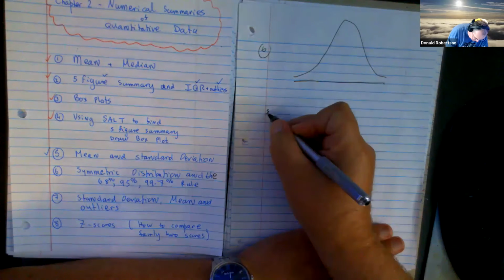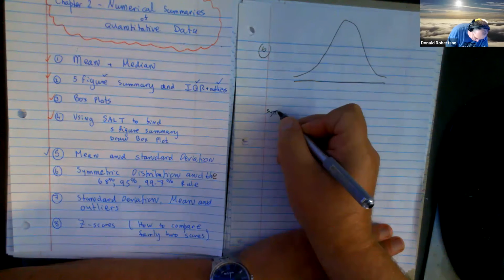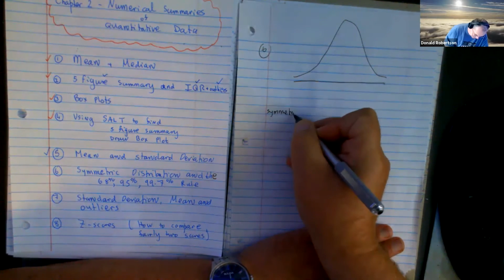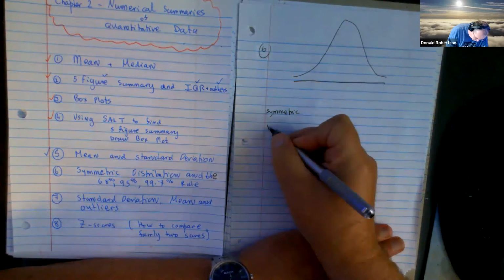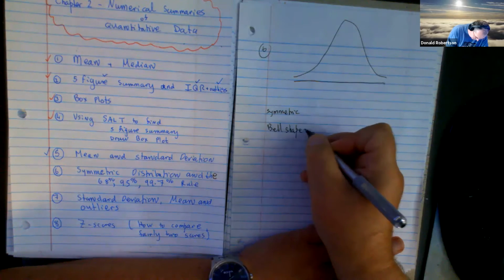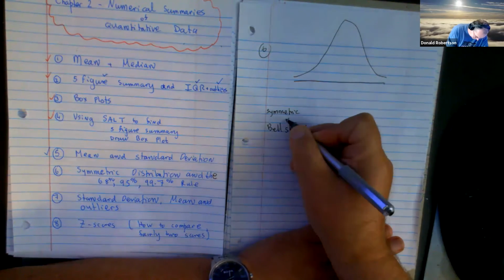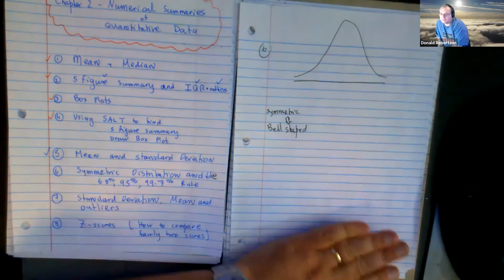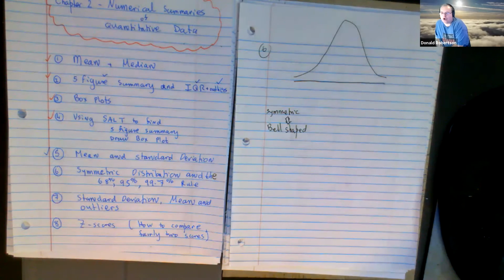The most common name we use is we say it's symmetric. But you'll also see it called bell-shaped. Now, it doesn't mean it's a different thing. I mean, they're the same thing, right? Bell-shape's not a bad name. Doesn't it look a bit like an old-fashioned bell, side on? So it's not a bad name.